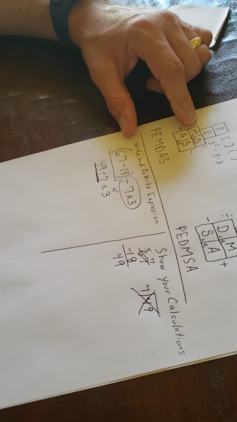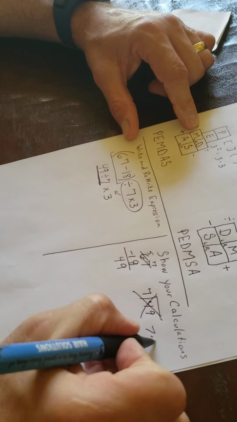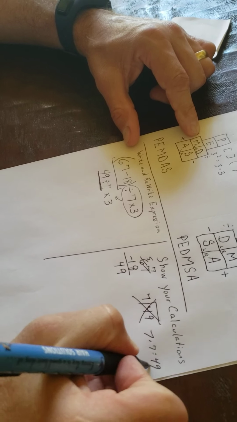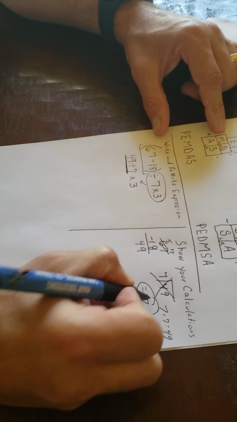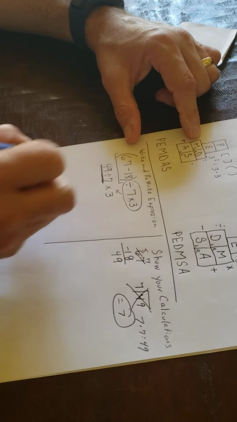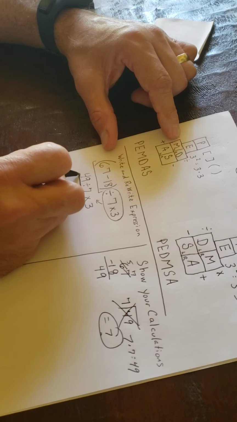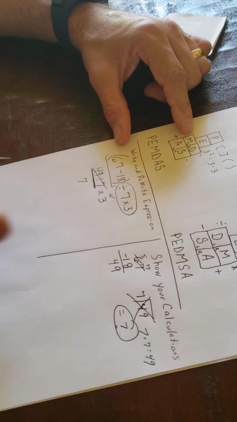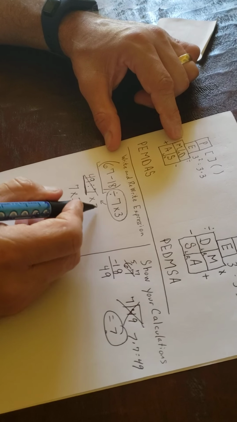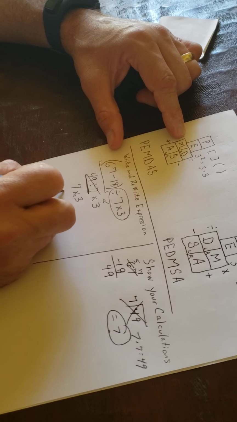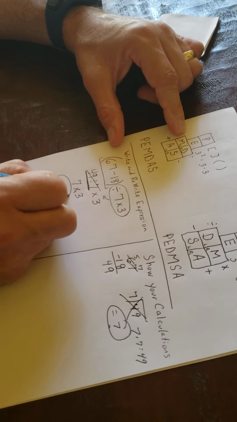This is one that we should already know. 7 times 7 equals 49. So 49 divided by 7 equals 7. So I'm going to rewrite and simplify that part of the expression. 7 times 3. And 7 times 3 is 21. And that is your final answer.